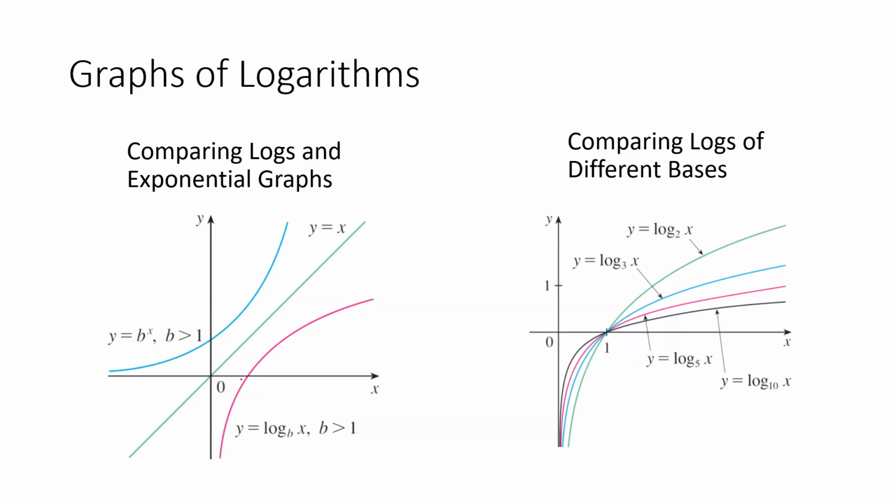So that's why the x values here are always going to be greater than 0. And depending on the base b, we could have a variety of different shapes. For instance, we notice that as the base b gets larger, the graph of the logarithm tends to get a little bit flatter. So it tends to rise less rapidly.